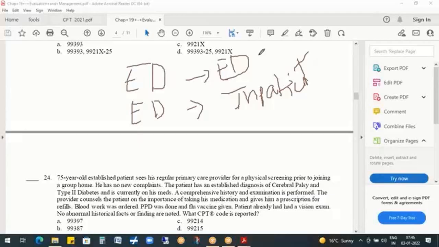Okay. Next one. For new patient, or you can write down level evaluation. Next point, level evaluation.